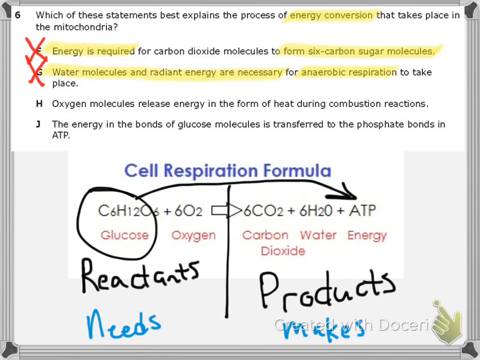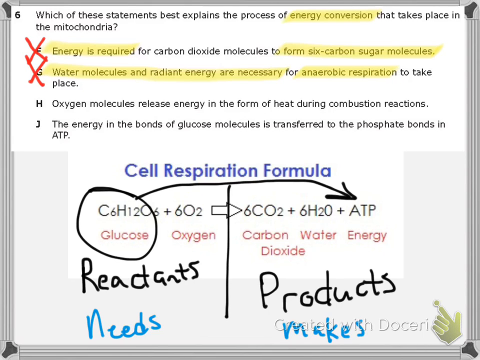Is it a combustion reaction? We don't really have to know this. It is actually a combustion reaction because it does use oxygen to kind of break this stuff down, but it's a very, very slow combustion reaction. So it's not like the one in your car, a bomb blowing up or something, or a fire. It's a slow process. So those two, okay, they got some right there, but don't let those throw you off.